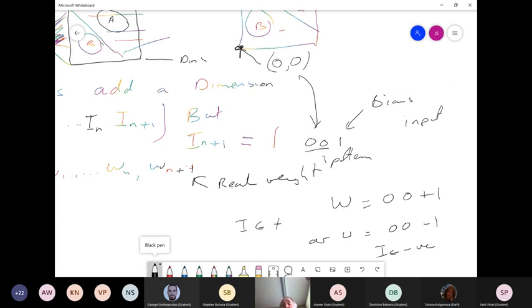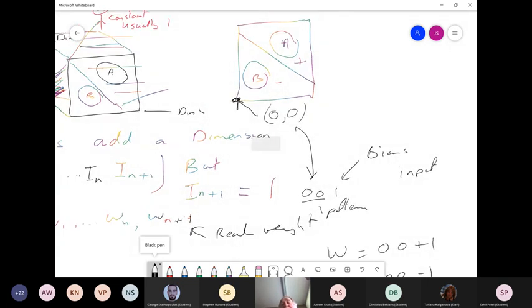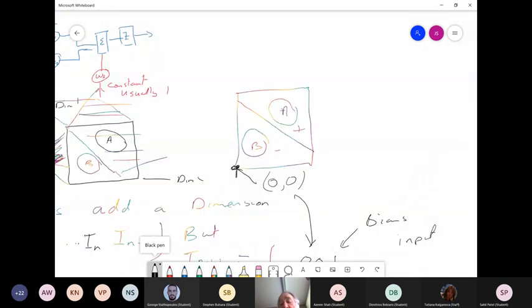So that is a way of releasing the decision surface from going through the pattern origin, and it also gives the ability to classify patterns which are actually at the origin.